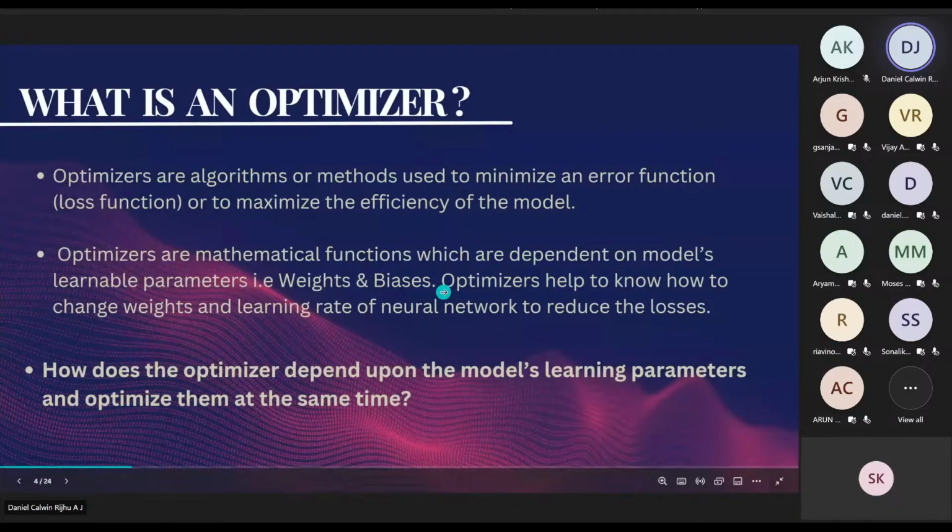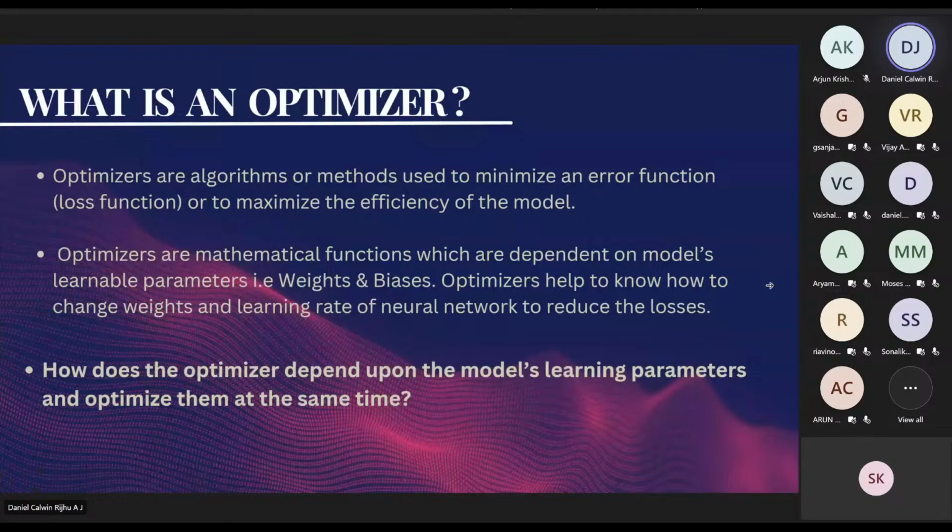What optimizers do is help us reduce the path or the alterations which we have to make to these learnable parameters, such that the loss function is ultimately minimized, because the basic idea behind training our model is to reduce the error in our prediction model. So that is why we are training the model. Optimizers help us with that.